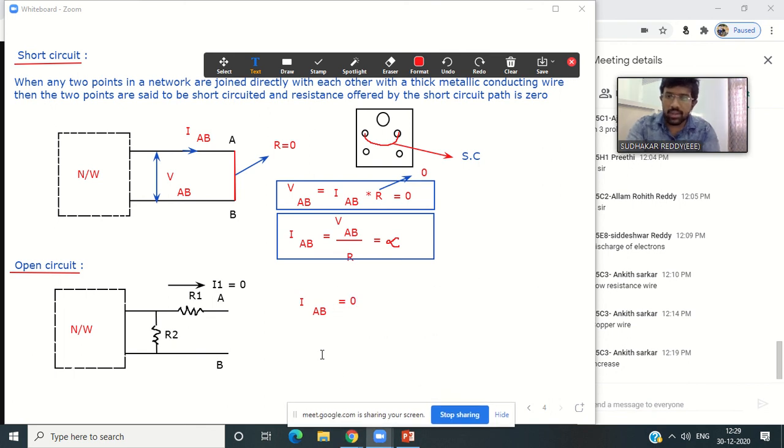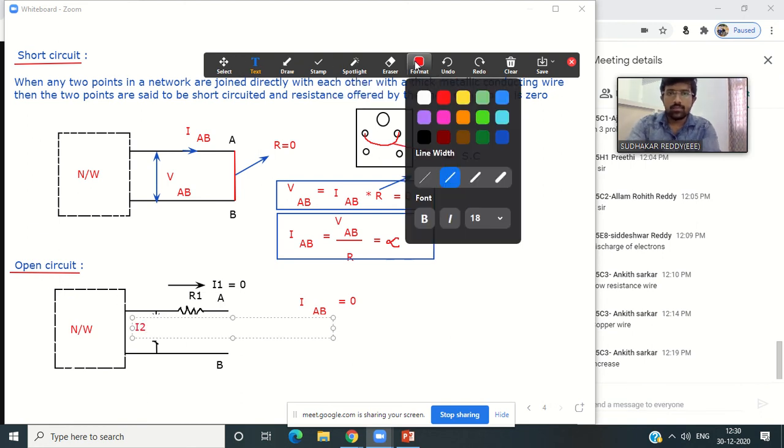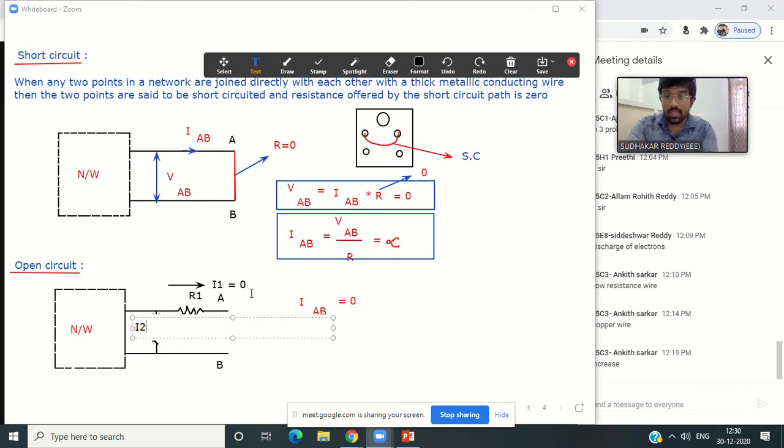Now we need to observe whether there is a voltage between these two points. If you want to find the voltage across any two points, which law do you need to apply? We need to apply KVL, Kirchhoff's voltage law.